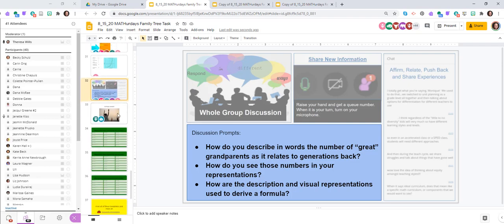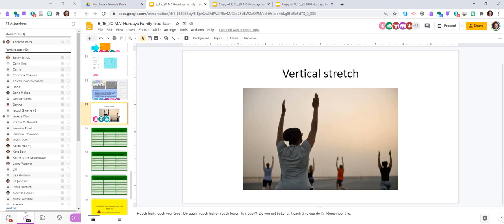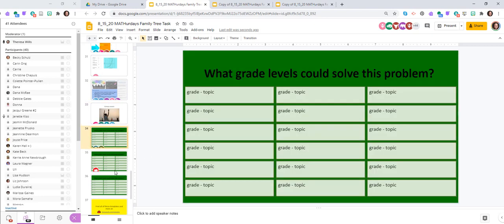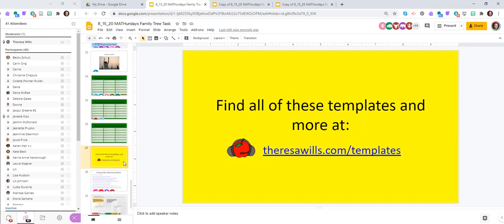If you saw other areas which this problem addressed in multiple grade levels, you're welcome to put the grade level and topic on slide 34, 35, or 36. It's really neat to see the way that these topics transfer to our primary grades all the way up to our college grades.